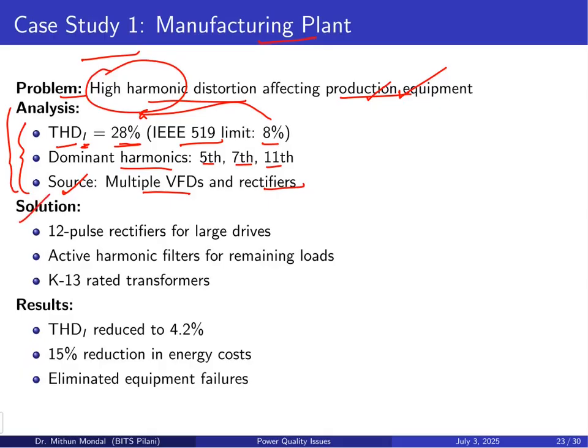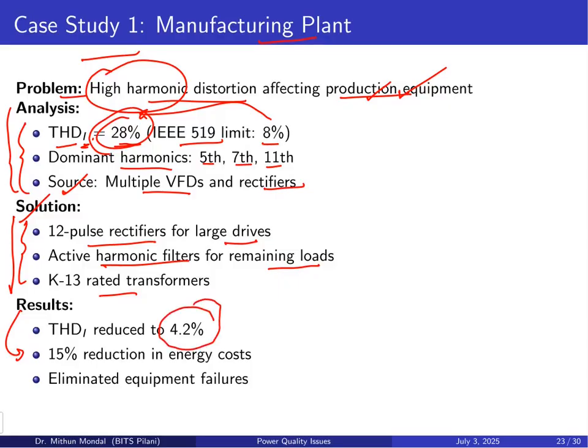So what solution can we have? The solution can be a 12 pulse rectifier for large drives, active harmonic filters for the remaining load, and a K13 rated transformer can be utilized. If we take these solution steps, what will be the result? The THD, which was 28%, will be reduced to 4.2%. There will be a 15% reduction in the energy cost, and it will eliminate the equipment failure.